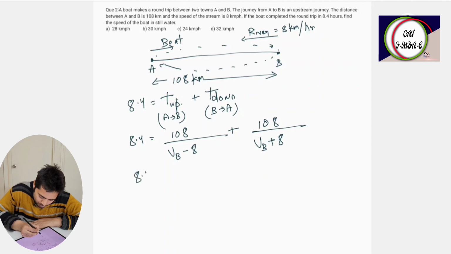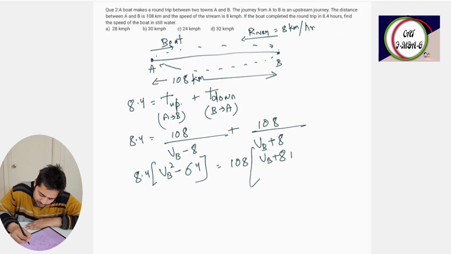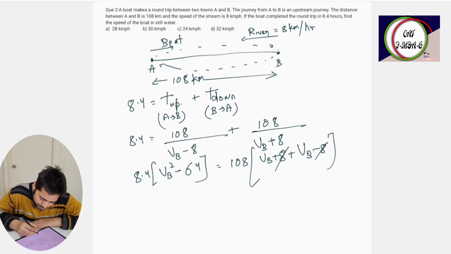So 8.4 into VB square minus 64 is equal to 108 common, VB plus 8 plus VB minus 8. This gets cancelled. So 2VB. These are the simple calculations.